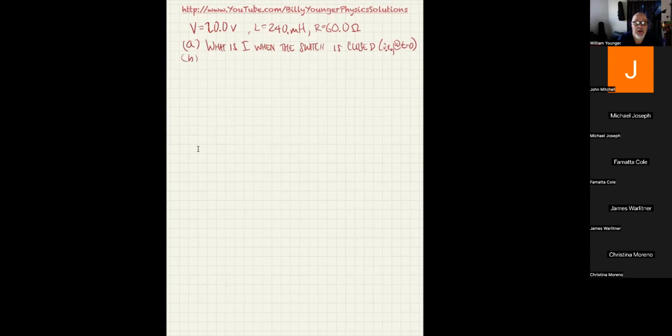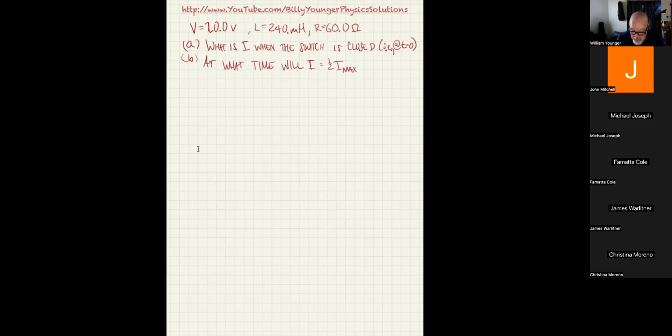Part B, I'm going to ask for how long will it take the current to reach half its max. So at what time will I equal 1/2 of I max?